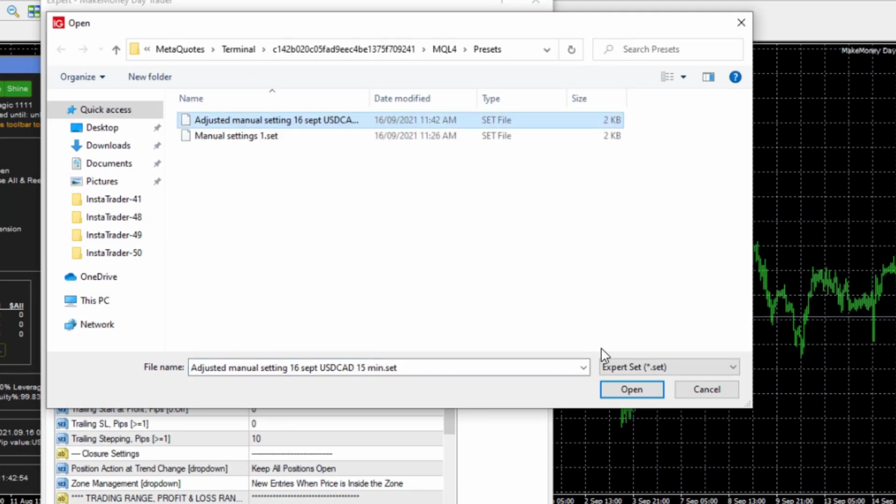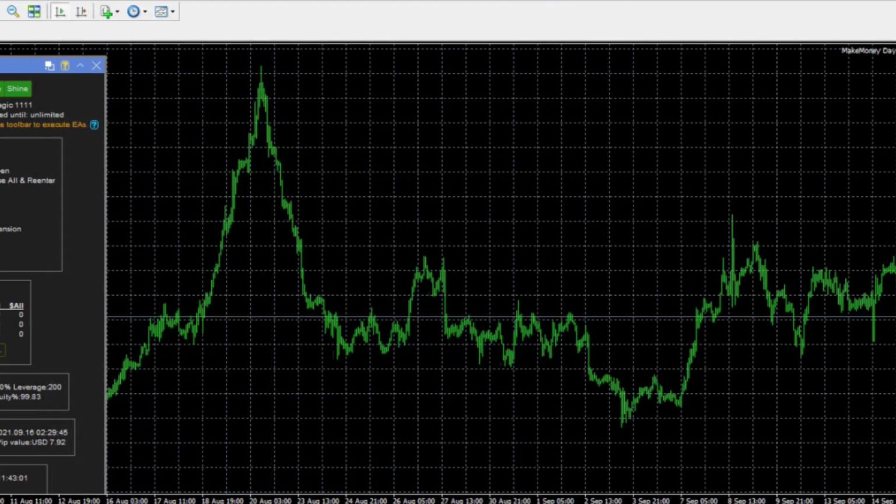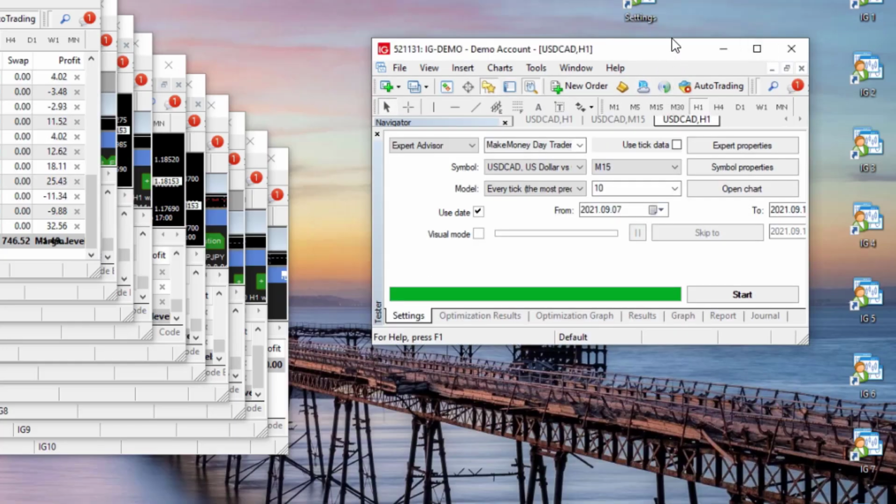So I'll copy it, and I say cancel, close, and I can now close this one. So this has been our testing platform, and we've reached where we want to be. We've reached a point where we have a set file that we want to forward test.